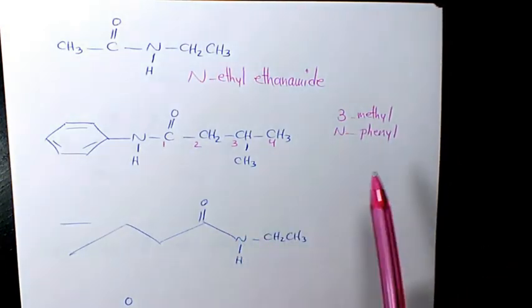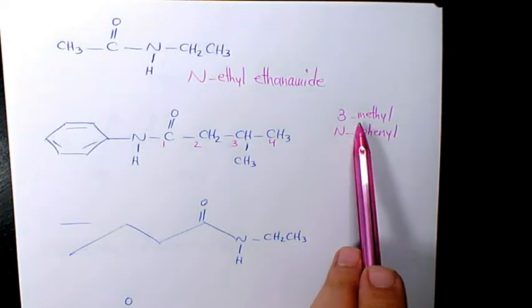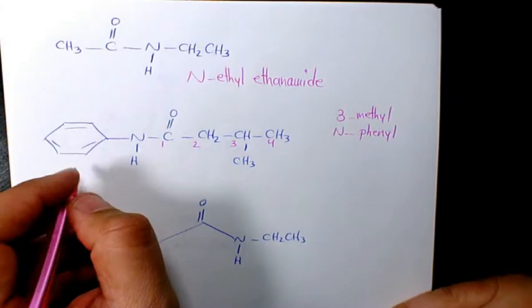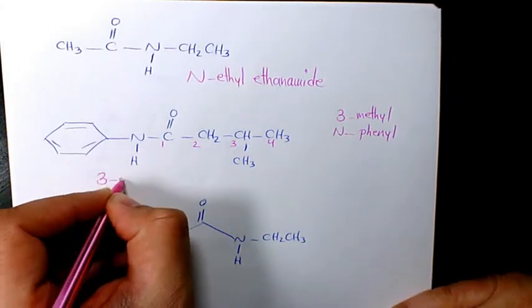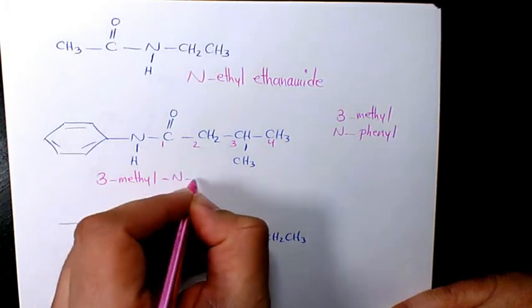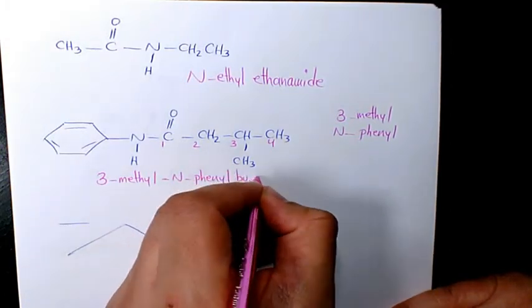Which one comes first? The one that starts with M. Why? Because in terms of alphabetical order, it comes before phenyl. So it's going to be 3-methyl-N-phenyl butanamide.